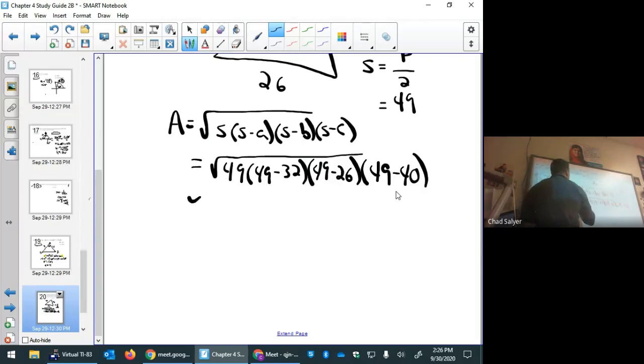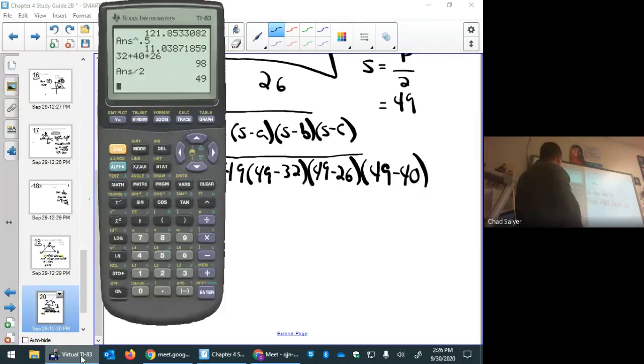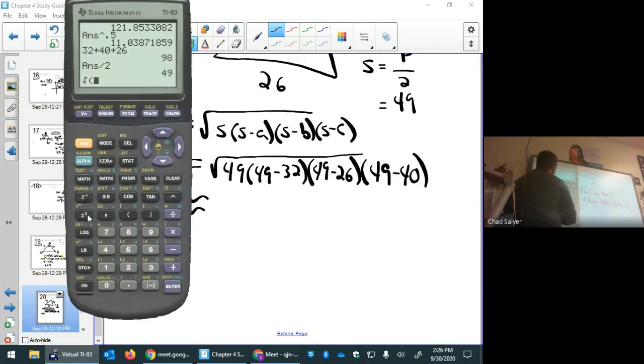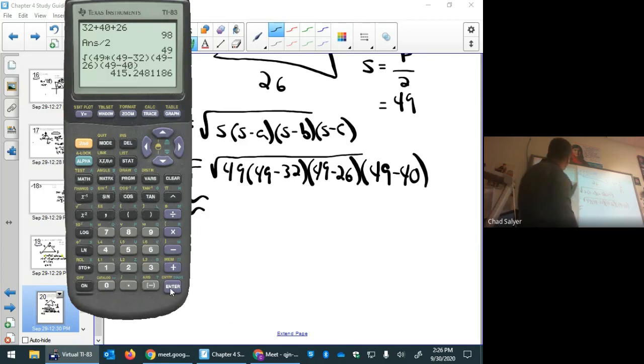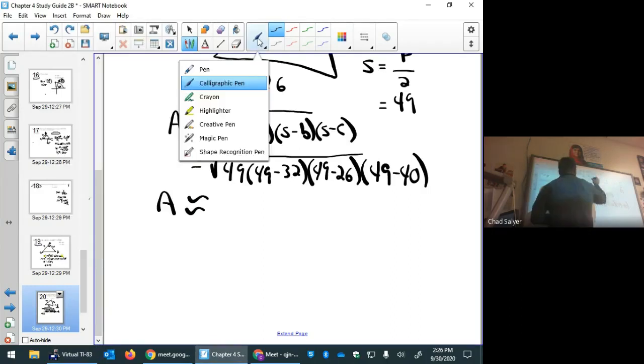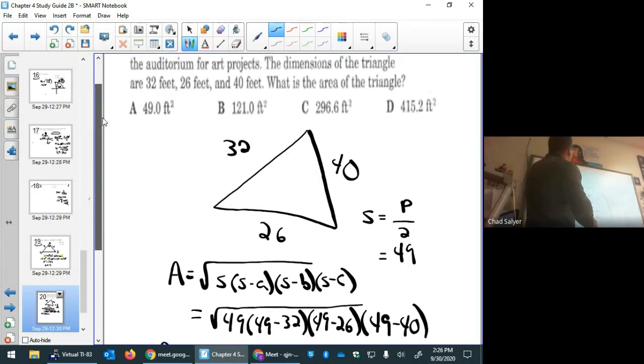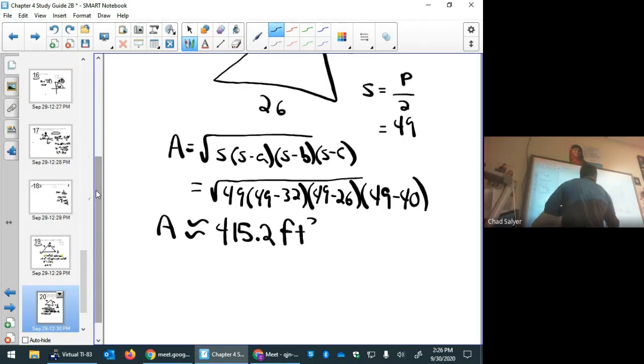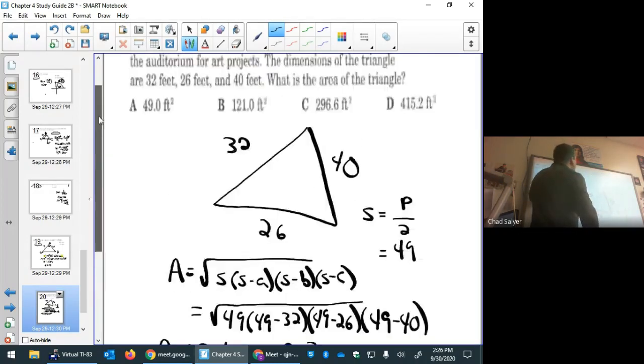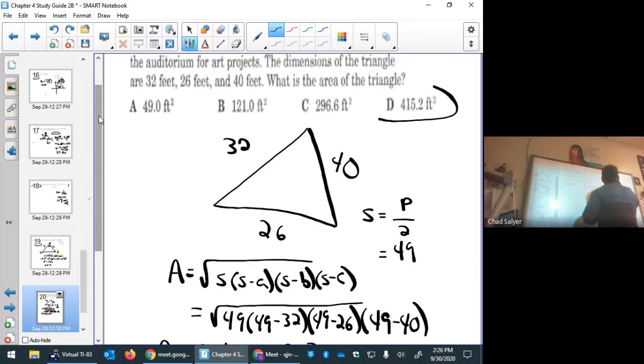Okay, so we'll approximate this with a calculator. 49 times 49 minus 32 times 49 minus 26 times 49 minus 40, about 415.2. That's going to be in whatever units we got going on squared, so feet squared. 415.2, that's D as in delta.